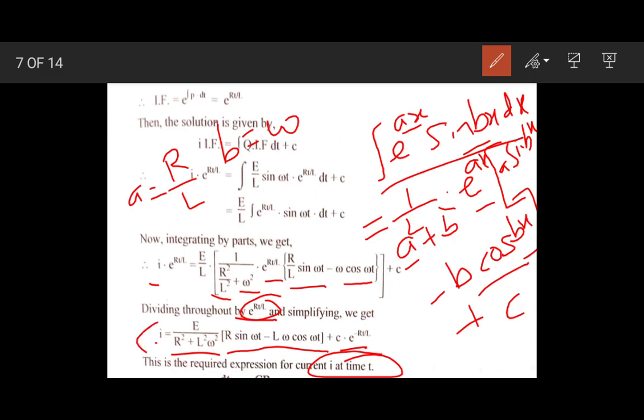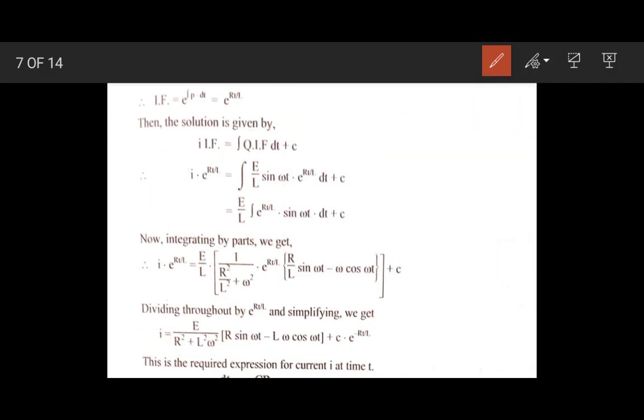So at time t, I will be this equation. So that is the solution.